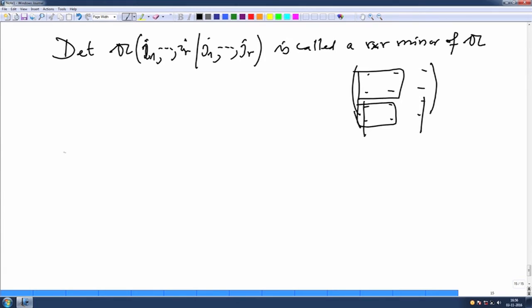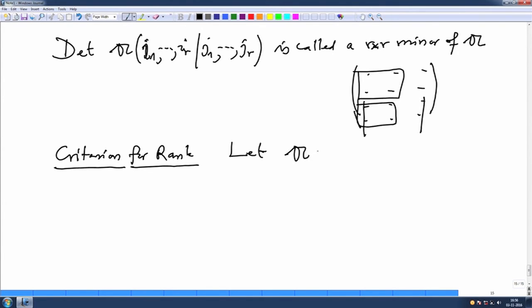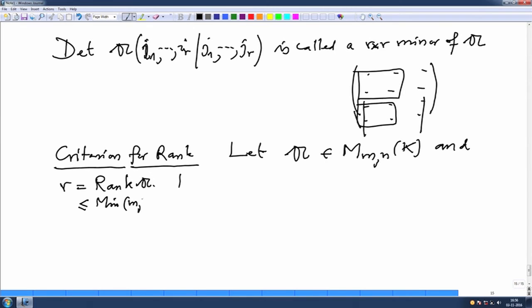Now, the criterion for rank says: let A be a matrix with m rows and n columns, and r is the rank of A. Then obviously we know this r is smaller or equal to the minimum of m comma n.